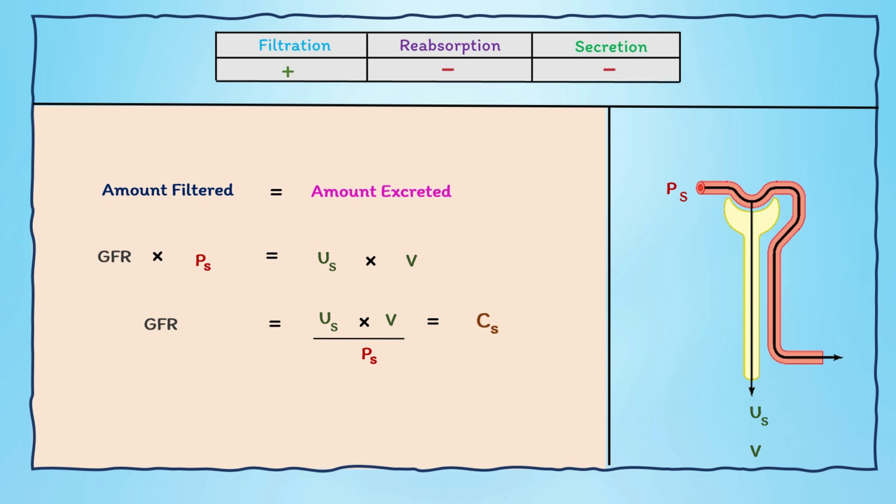Taking an example, a substance that fits these criteria is inulin, which is a polysaccharide molecule with a molecular weight of about 5,200. Inulin, which is not produced in the body, is found in the roots of certain plants and must be administered intravenously to a patient to measure glomerular filtration rate.